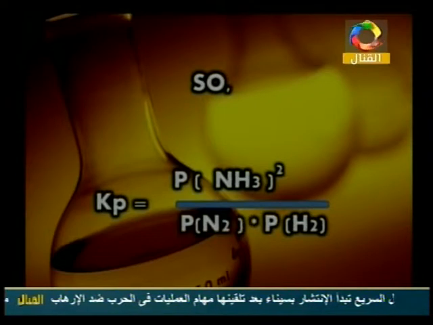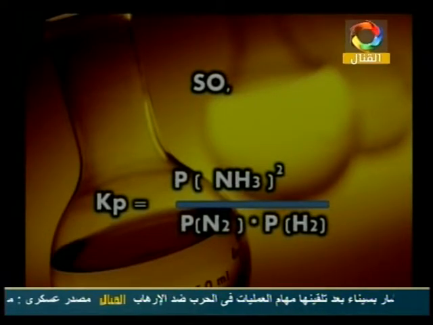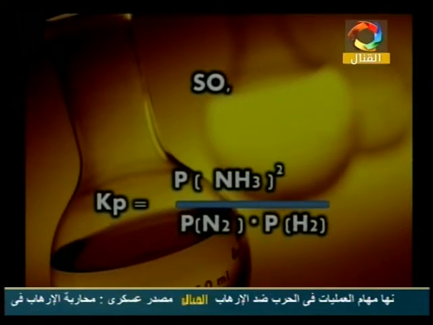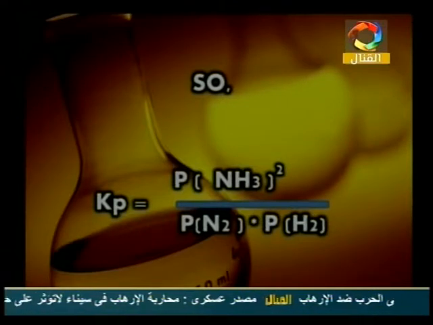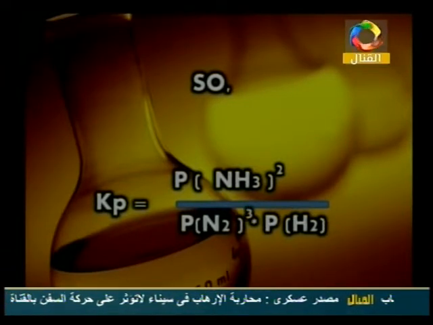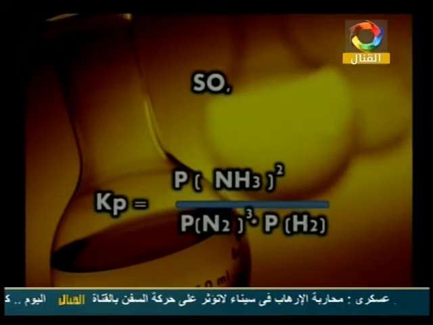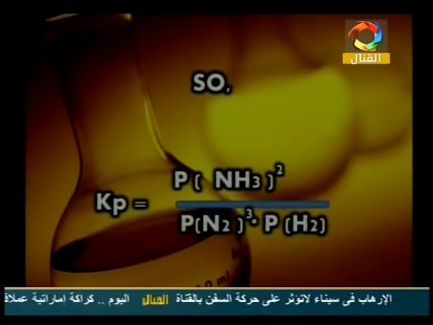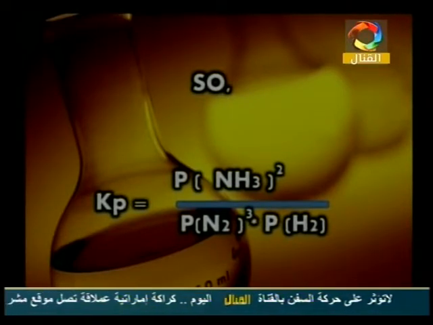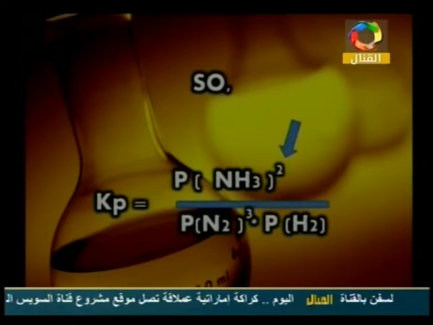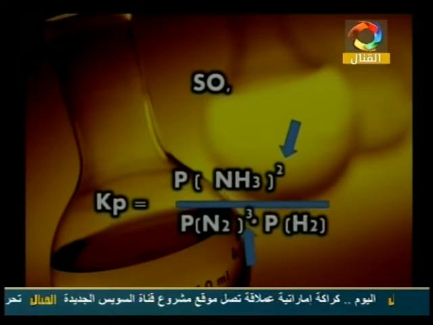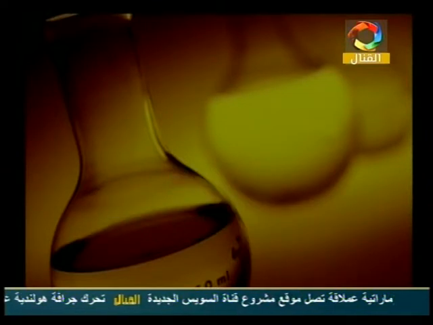Divided by the pressure of N2 times the pressure of H2. Don't forget the power for each because it has a high effect on the result. This is the effect of pressure on equilibrium. Now, this power is for the product and this power for the reactants.